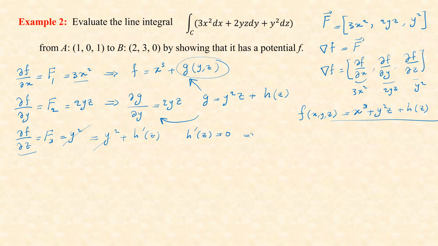And therefore, H of Z should be constant. We can take it to be 0 because that doesn't change anything for us.